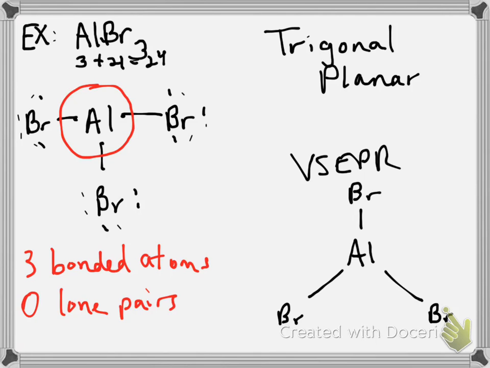What I'm asking is, what do I expect the bond angle to be from here to here, basically? If a circle's 360 degrees. 120. 120, good. So my bond angles here are 120 degrees, every one of them. All right, trigonal planar, 120 degree bond angles.